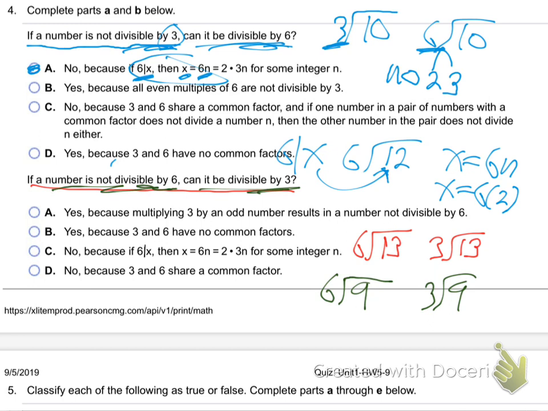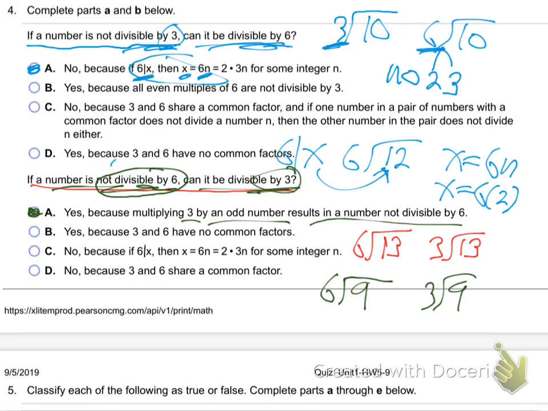So if a number is not divisible by 6, can it be divisible by 3? Yes, it can, because multiplying 3 by an odd number results in a number not divisible by 6. You see? Basically, if 6 does not go into a number, 3 may still go in because 3 is smaller than 6.